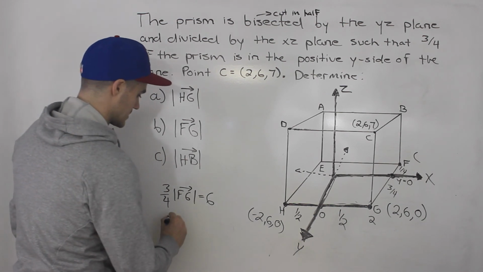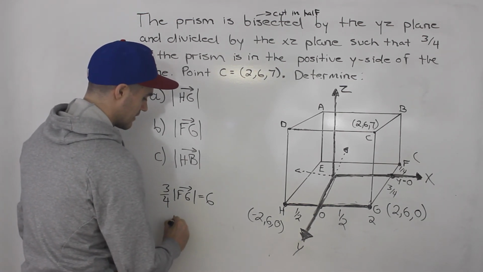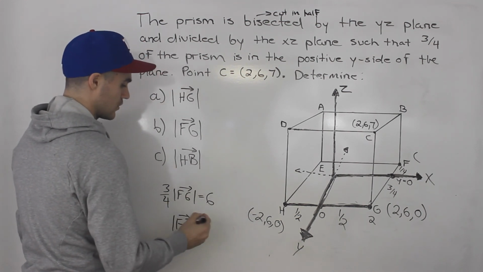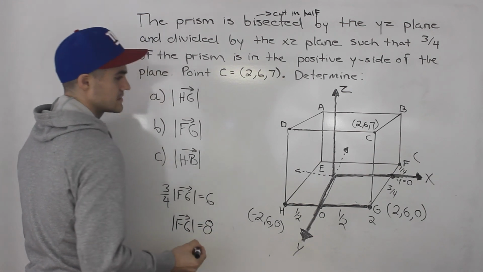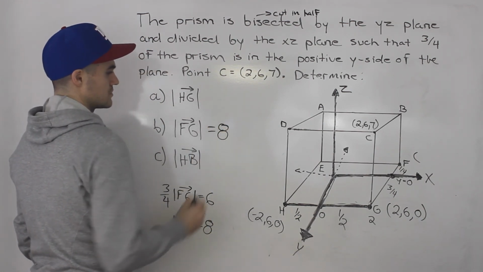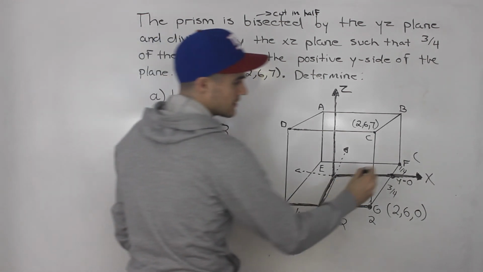So we can just divide both sides by 3/4 to get FG by itself. 6 divided by 3/4 gives us 8. So we actually answered question B in this case. The magnitude of FG is just 8.